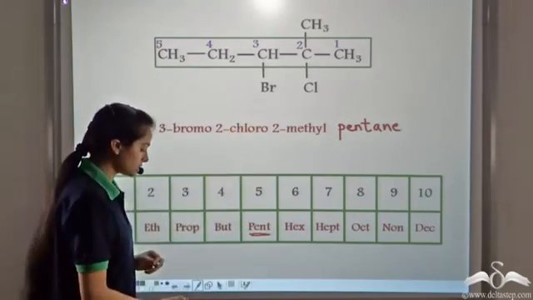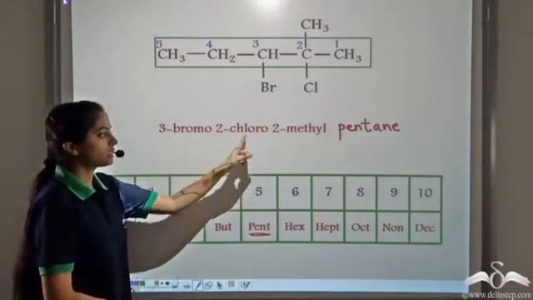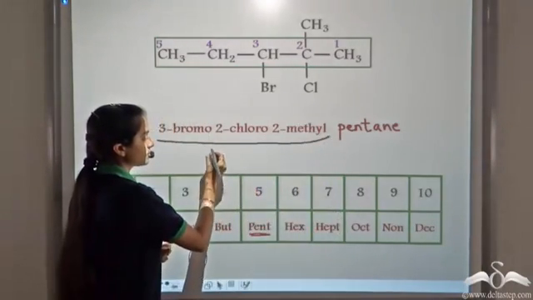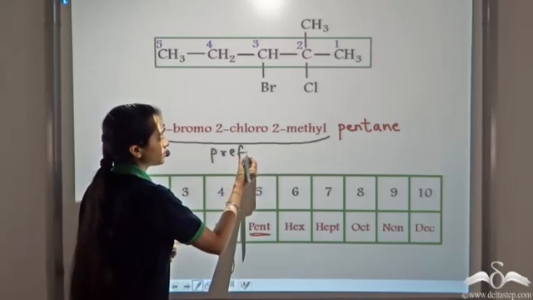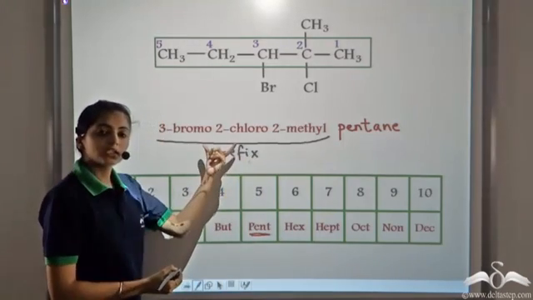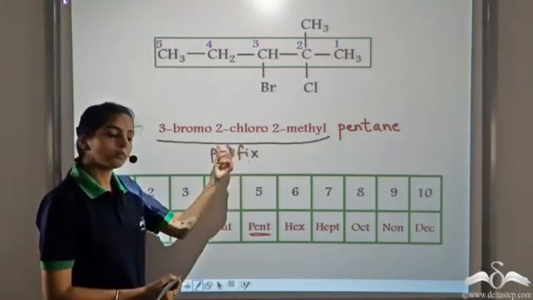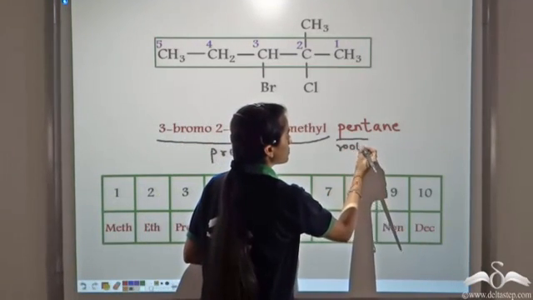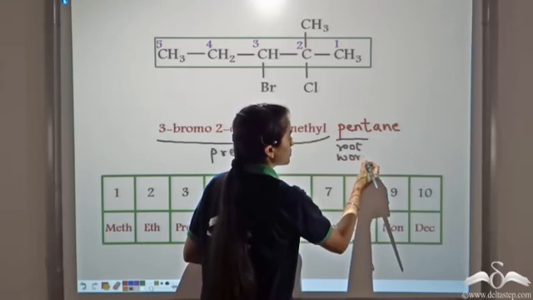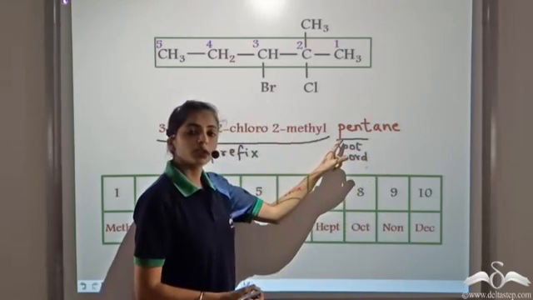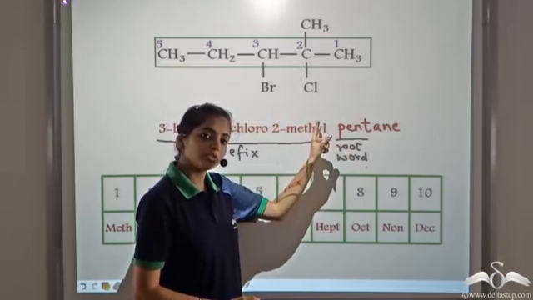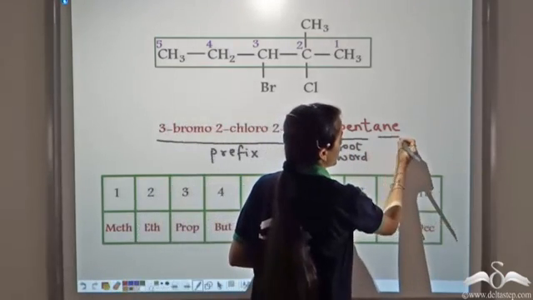It has 3 parts. That is, the first part is the prefix. This is for the substituents present in the organic compound. Then we have the root word, which comes from the number of carbon atoms present in the longest carbon chain. And then we have the suffix.